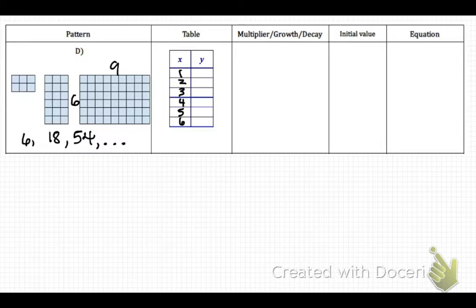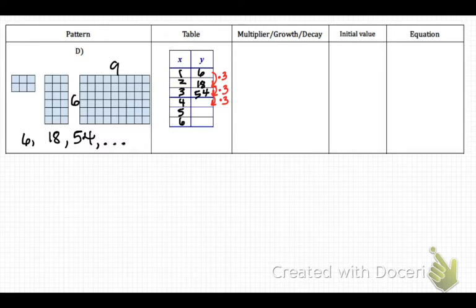So on my table I have 6, 18, and 54. How do I find my fourth figure? Multiply by what? By 3. What is 54 times 3? You need a calculator. Remember, I told you this is calculator unit, and I recommend your calculator for the test.